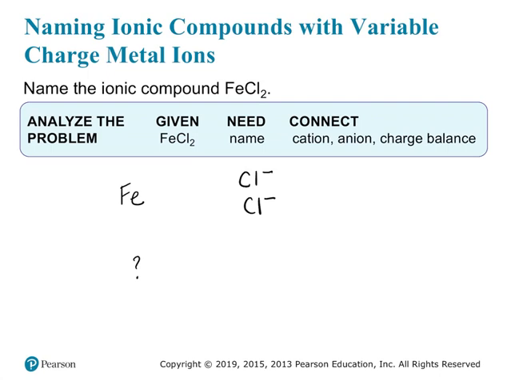Okay, so that gives us a total of -2. And we know that everything has to add up to 0. So what must the charge on iron be to balance that -2 charge? +2, right? All right.